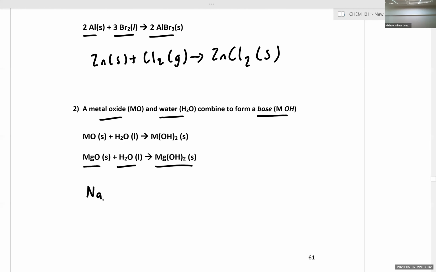By the same token, if we have sodium oxide solid and we place sodium oxide in water, what product would we generate?